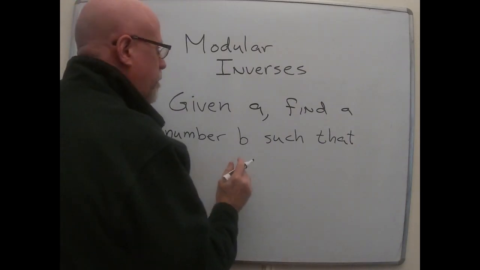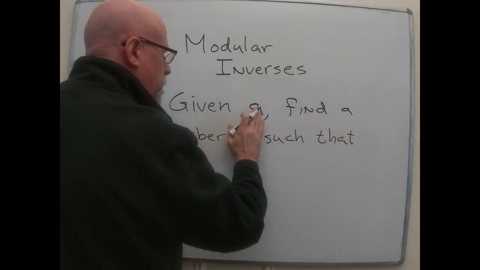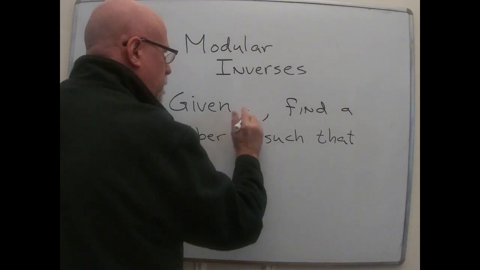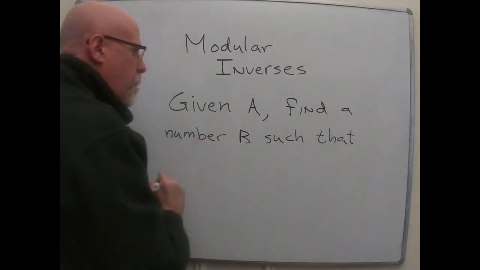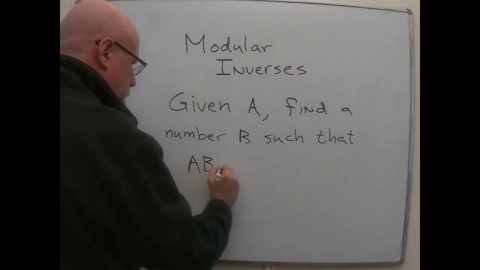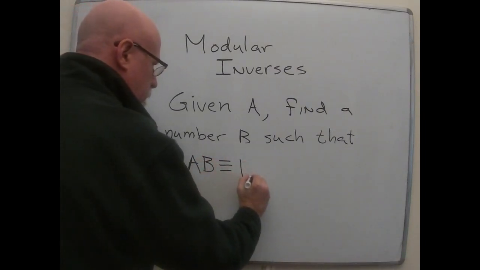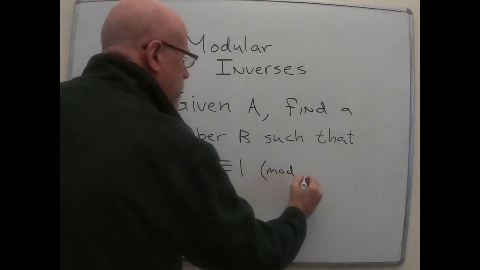I'm feeling like the A here and the A here may get confused, so let's change it up and use a capital A and a capital B. But the idea is that the product of those two things is congruent to 1, mod whatever our modulus is.